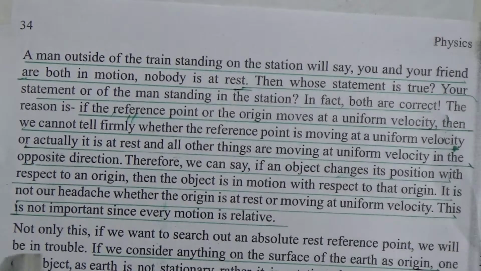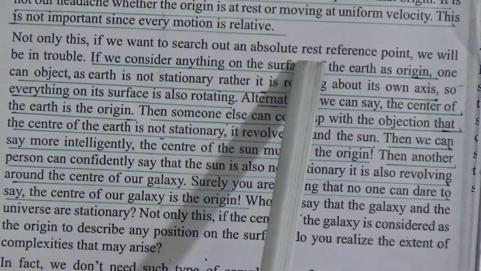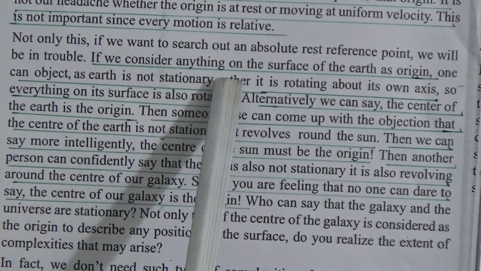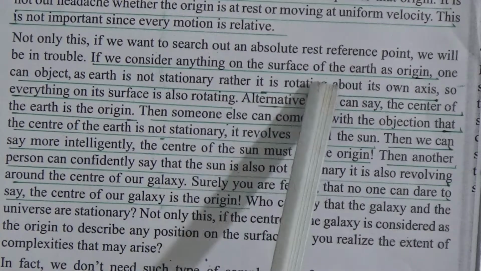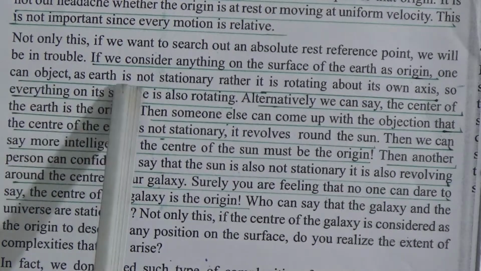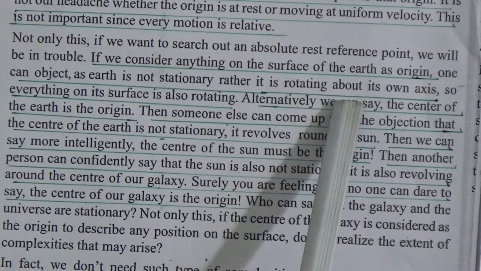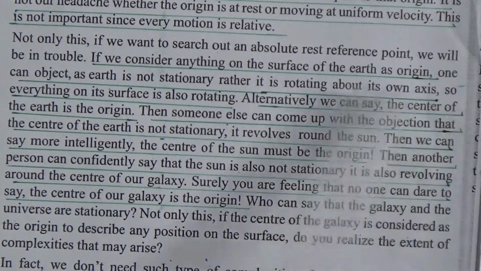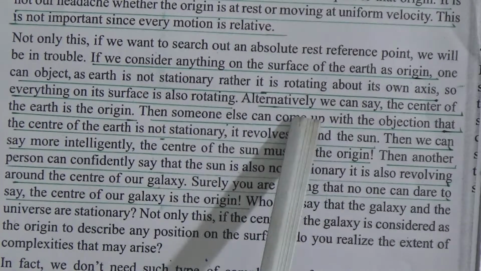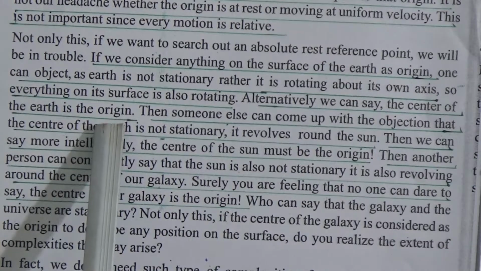Now, if we want to search out an absolute rest reference point, we will be in trouble. If we consider anything on the surface of the earth as origin, one can object as earth is not stationary, rather it is rotating about its own axis, so everything on its surface is also rotating. Alternatively, we can say the center of the earth is the origin.